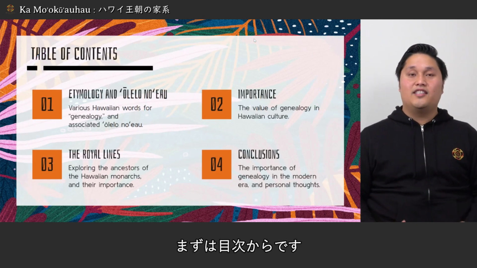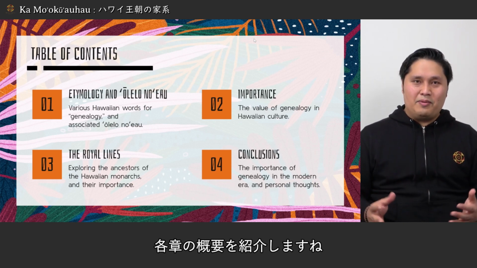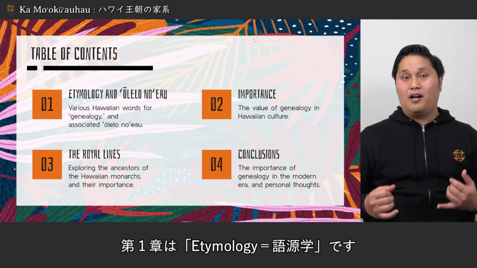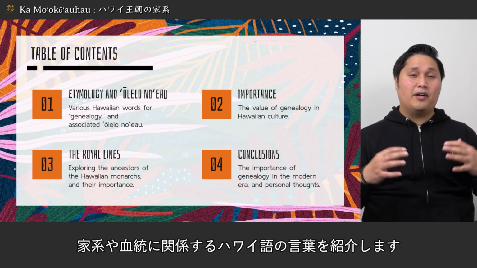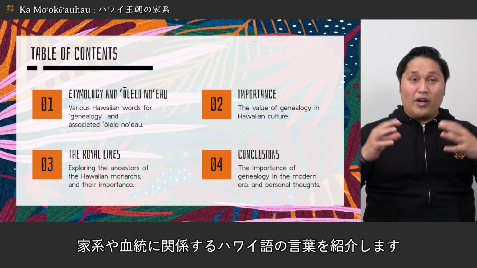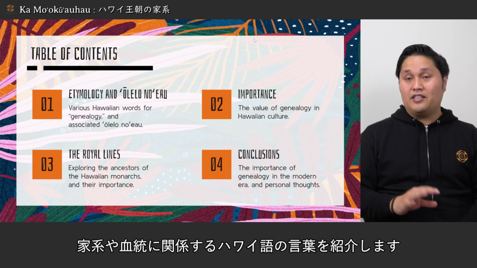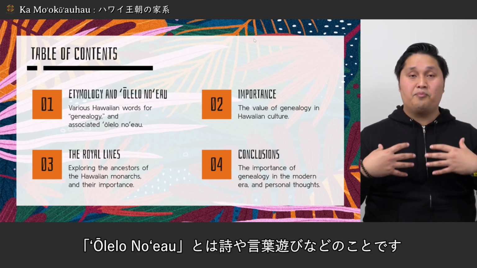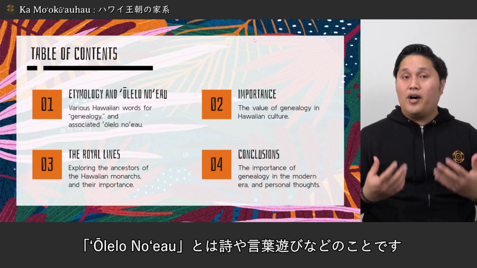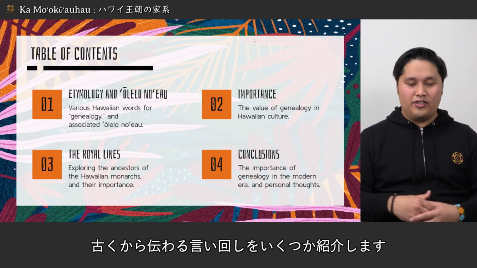Right now we're going to continue on to our table of contents, just a simple overview of what's going to be covered. First, we're going to go over etymology. We're going to learn about the meaning of mo'oku'auhau and some other Hawaiian words related to genealogy and family lines, as well as going over 'olelo no'eau. 'Olelo no'eau are our poetic sayings, our wise sayings, words and phrases that have been passed down to us from history.